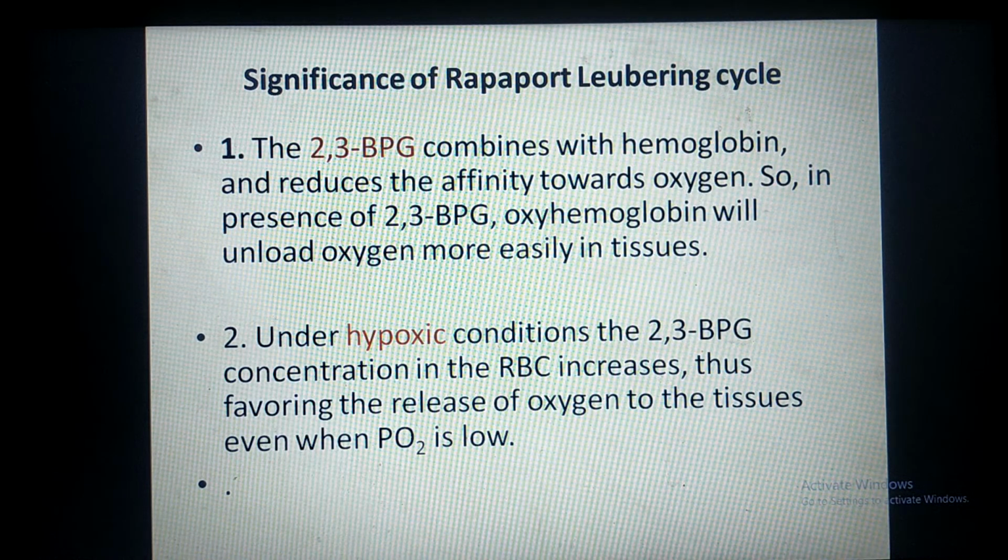More and more 2,3-BPG is formed inside the RBCs, and that 2,3-BPG binds with the hemoglobin molecule and forces the hemoglobin molecule to release more and more oxygen to the tissue, because in case of hypoxia there is oxygen deficiency to the tissue. So in this way 2,3-BPG tries to overcome the hypoxic conditions in the tissue.